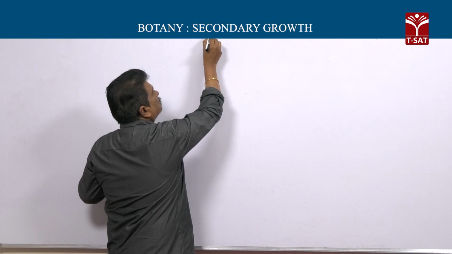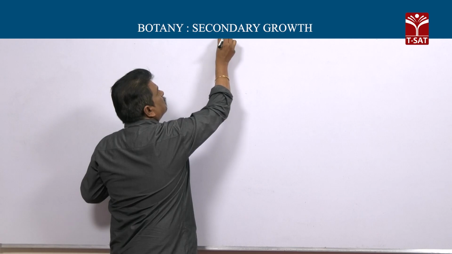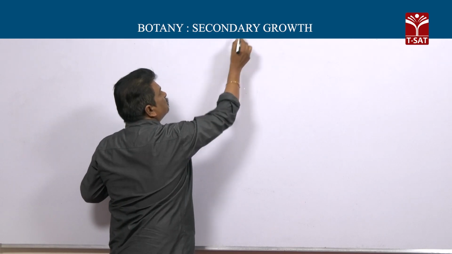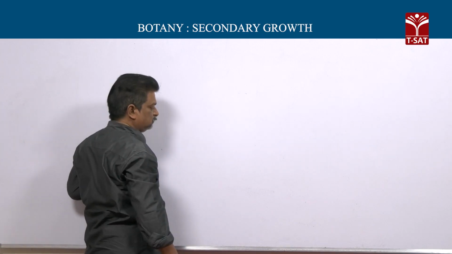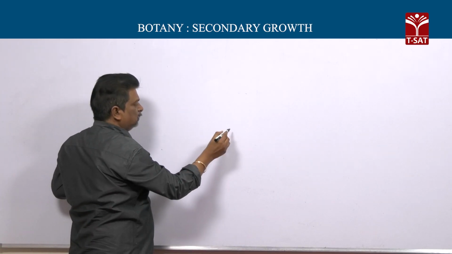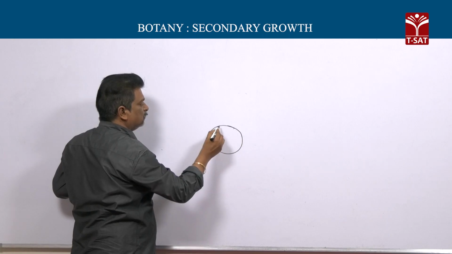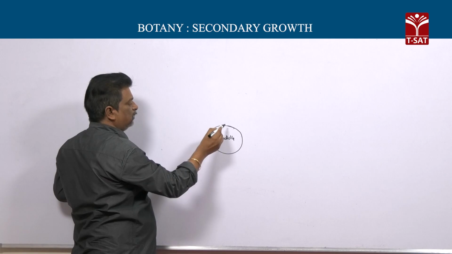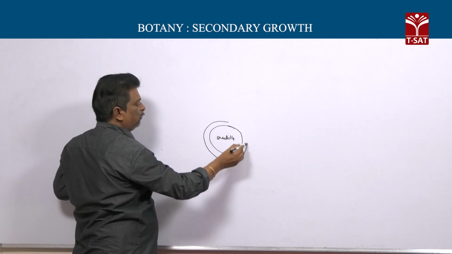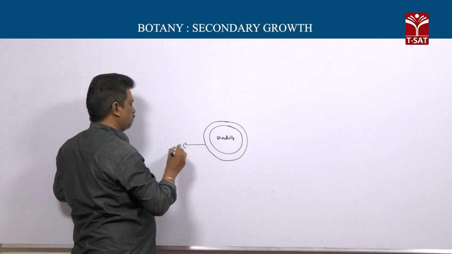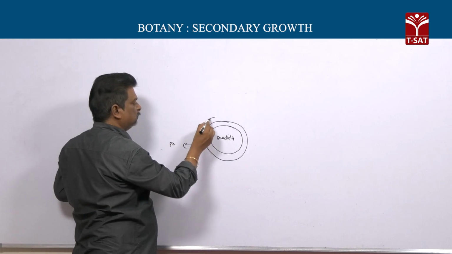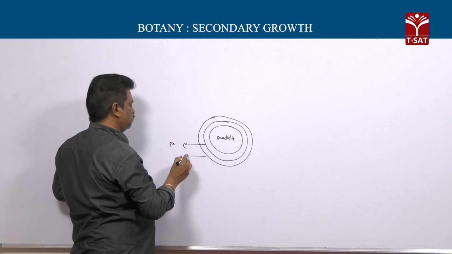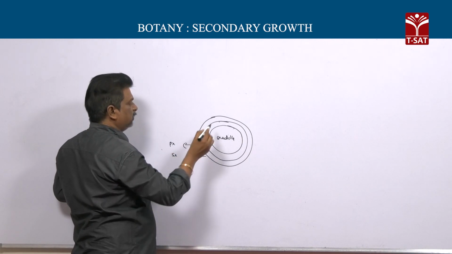Next one, extrastellar secondary growth. At the center of the stem is the medulla. The medulla is surrounded by primary xylem. Primary xylem is surrounded by secondary xylem.